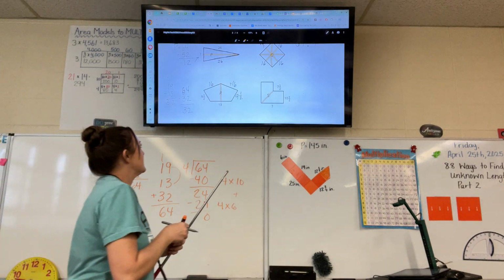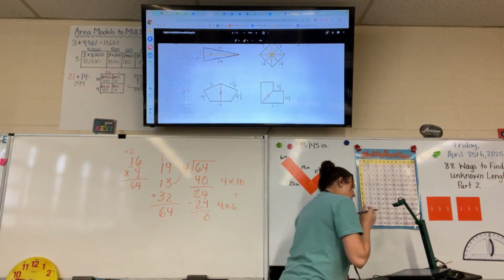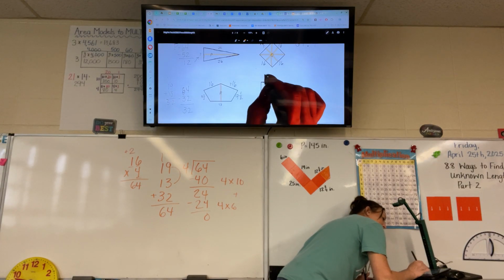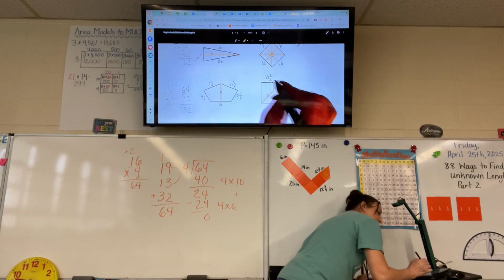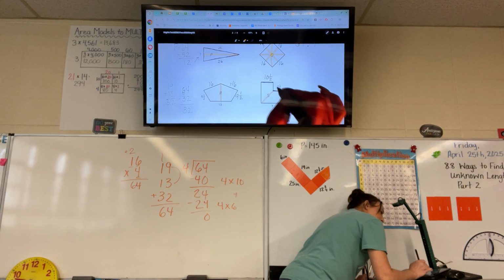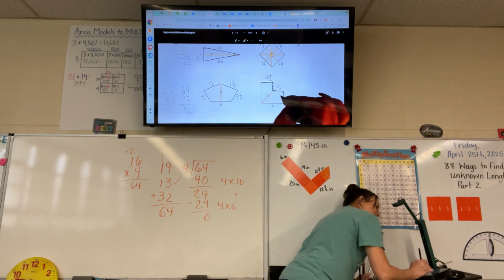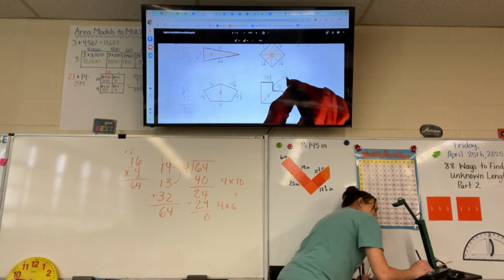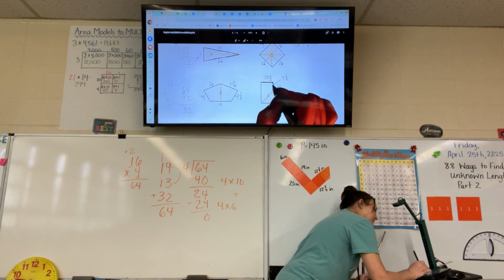They all add up to 64. Okay, last one. Since this side is 10.5, this side would be 10.5 because there's a line of symmetry. And since this side is 7.5, this side would be 7.5. Since there's not a lot of room, I'm going to do it like that.